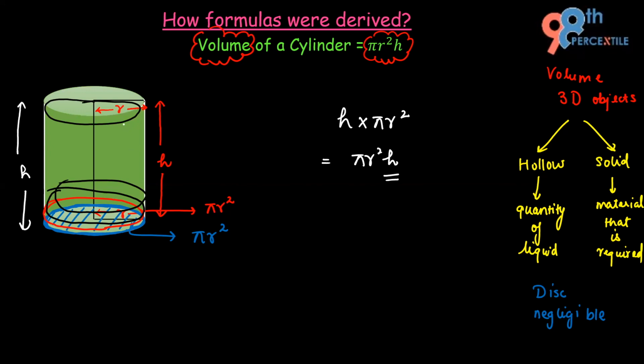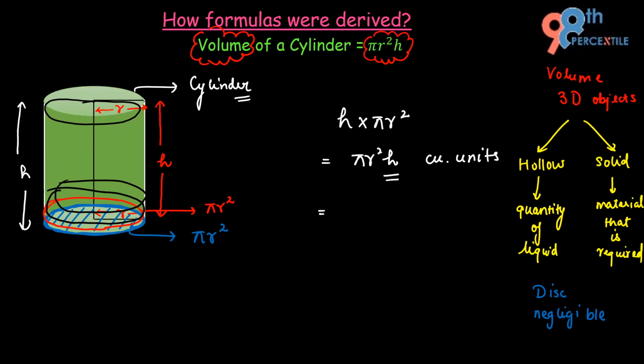If you observe carefully, when you place these discs one by one on top of each other, you get a solid which is nothing but a cylinder. So this is how the volume of the cylinder is pi r square h, and its unit is cubic units. Why cubic units?